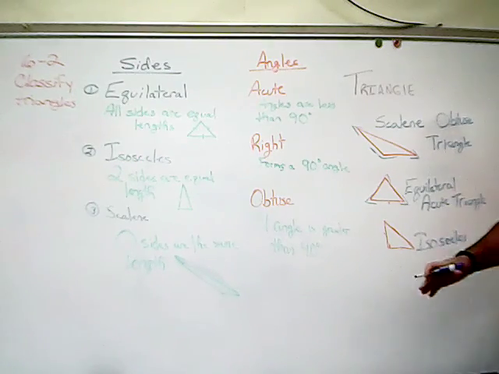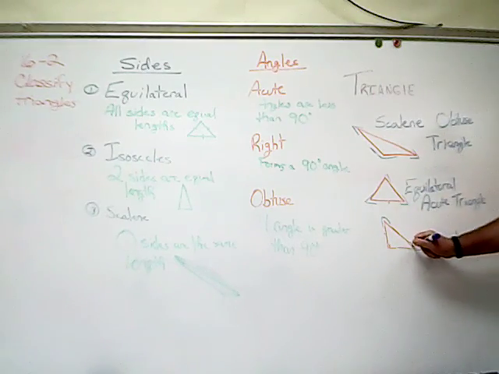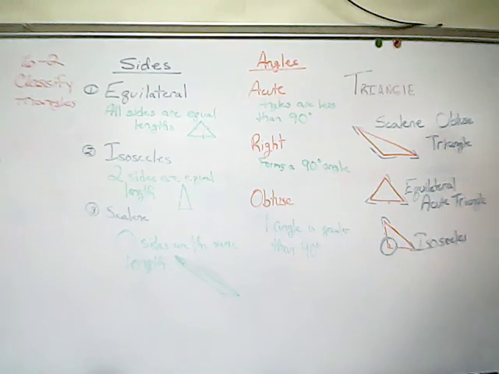An isosceles. Now what angle? Well, here's an acute angle. Here's an acute angle, but right here, I see a square in the corner telling me I have a 90-degree angle. That forms a right angle. So I have an isosceles right triangle.